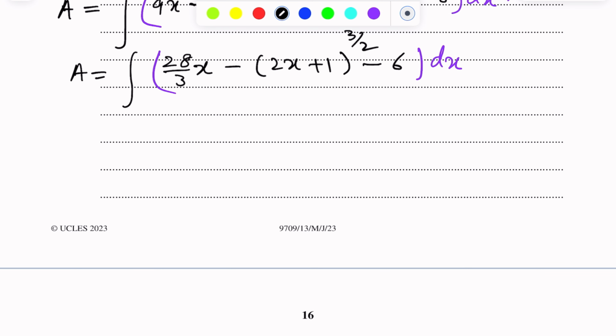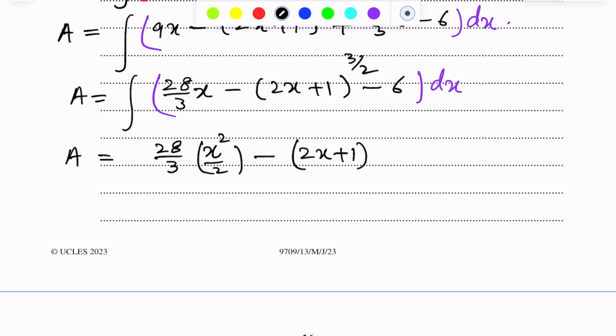28 over 3x, integration of this will be 28 over 3 x squared over 2, minus (2x plus 1). We are adding 1 to the power, that becomes 5 over 2, same as in the denominator, 5 over 2.